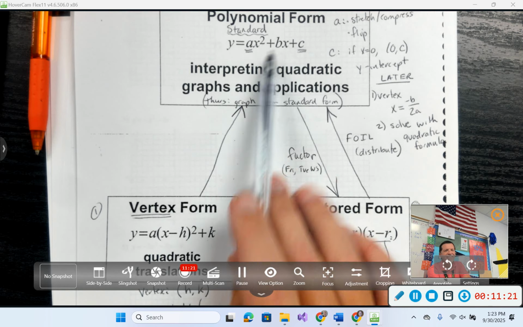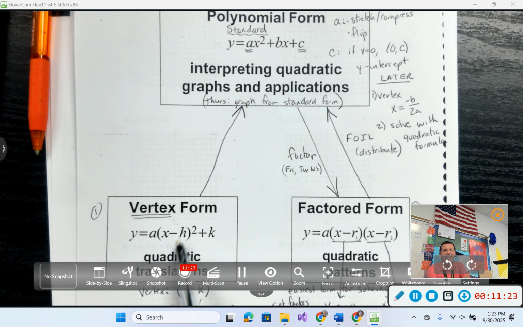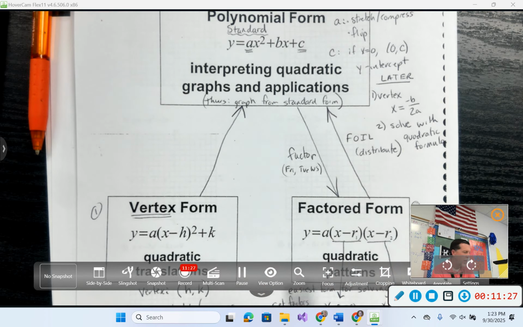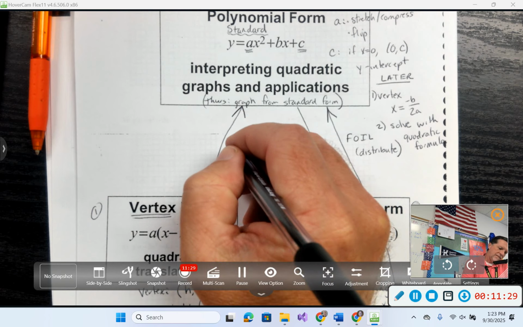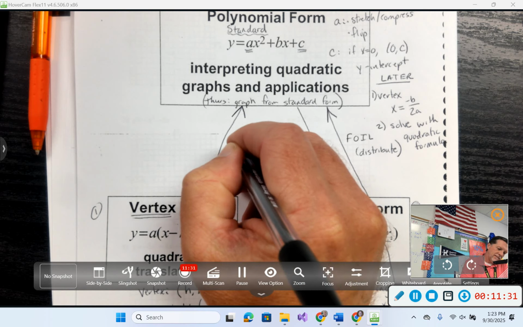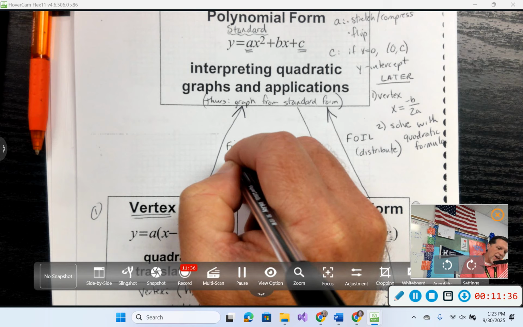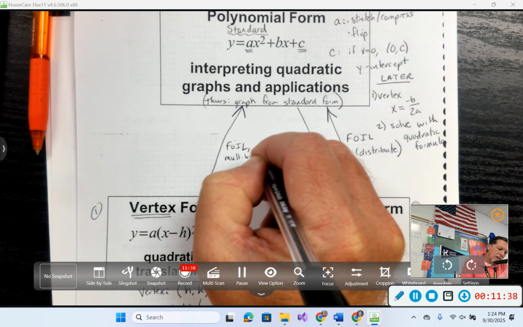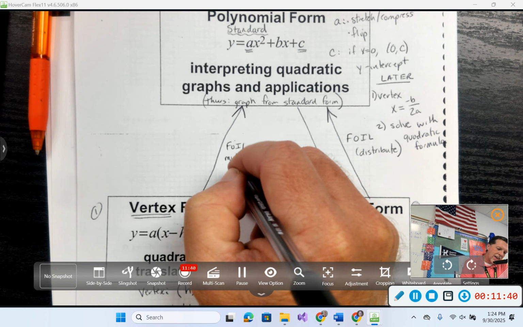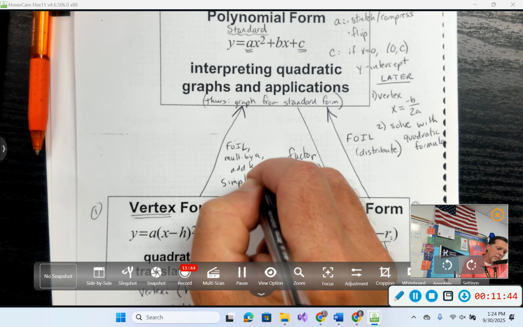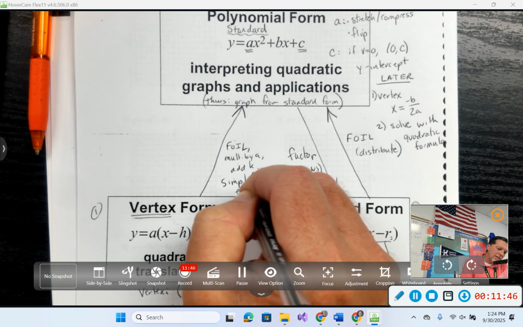No. What would you do if it looked like this and you wanted it to look like that? Taylor? Maybe you'd square x minus h and then multiply by a. Pretty much. FOIL, multiply by a, add the k. Like, basically simplify that thing. Or expand it.